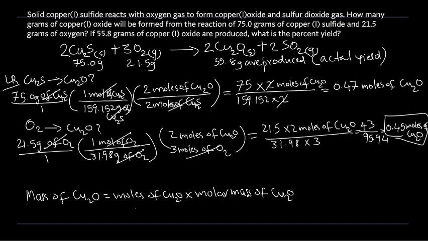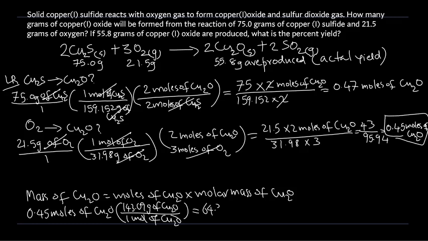Now we can say that 0.45 moles of copper 1 oxide, where 1 mole of copper 1 oxide has 143.09 grams of copper 1 oxide, equals 64.39 grams of copper 1 oxide.